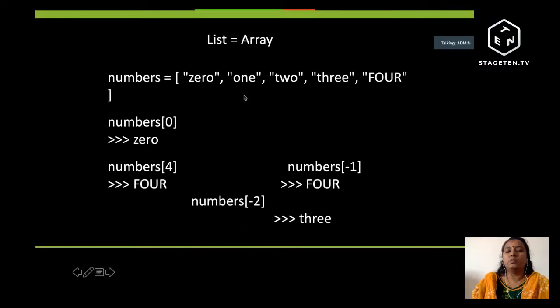To make it clearer, I have created the list in the name of numbers, and I have put inside each element the index itself, so it will be more clear for you. Instead of giving some other element in the list, I have used the index number directly. You can create a list with any elements like names or fruits or whatever you want, but here I have given 0, 1, 2, 3 like that.